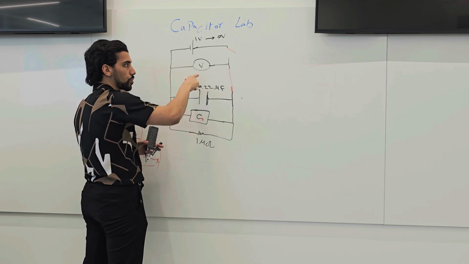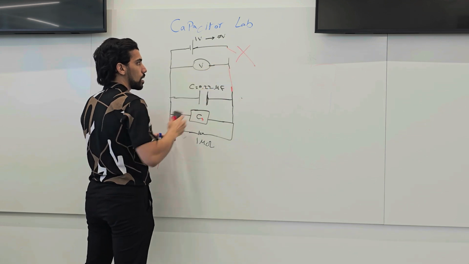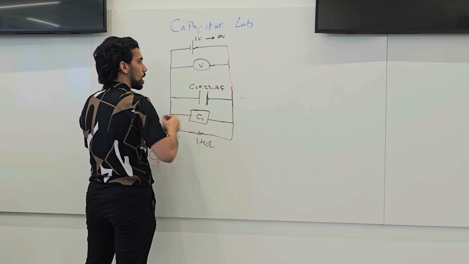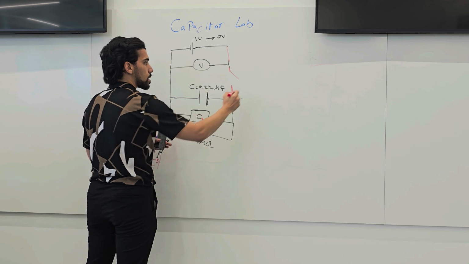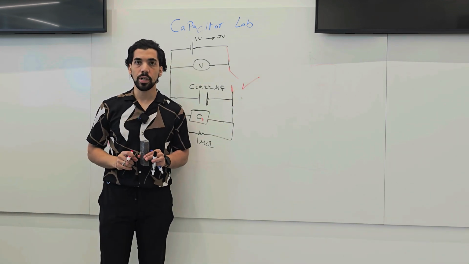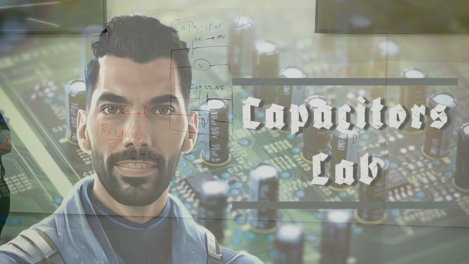So don't do this configuration with a switch here. This is incorrect. You need to connect this, and the switch should be at this location. So this is correct. Okay, so let's go for the setup and do the experiment itself.